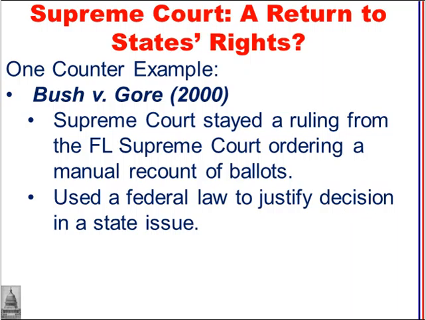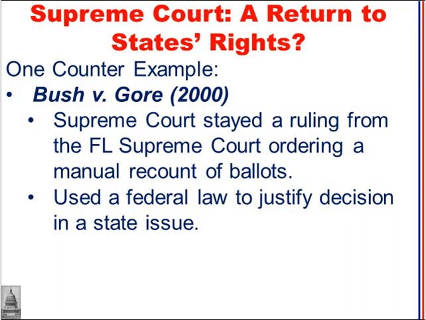But there is one counterexample to that, and that's Bush versus Gore, which you wouldn't think of as a conservative decision from a court. In the year 2000, with the presidential election hanging on the results of the Florida recount, the Supreme Court stayed a ruling from the Florida Supreme Court ordering a manual recount of the ballots. So the Supreme Court essentially said that a manual recount had to stop.